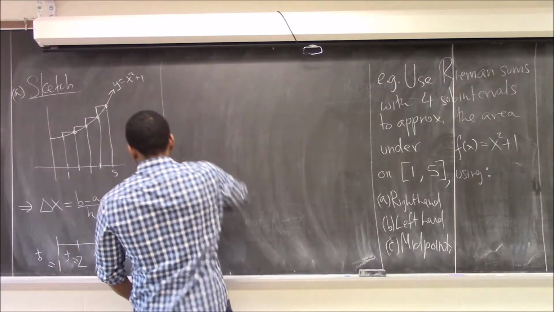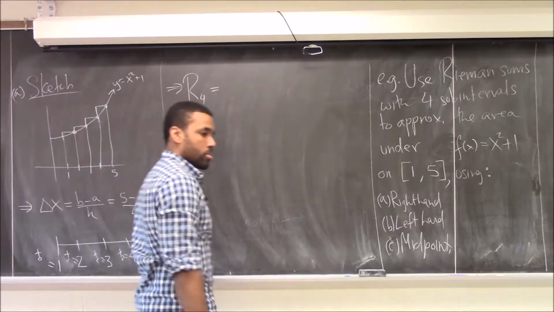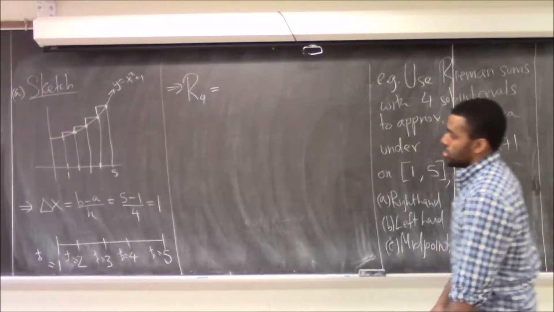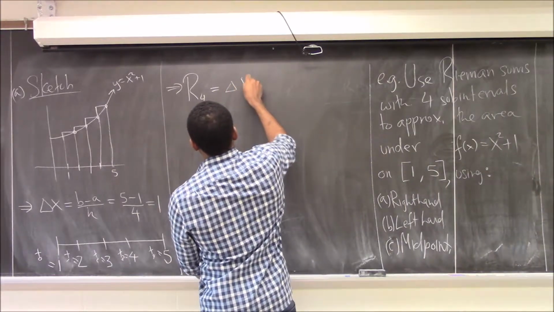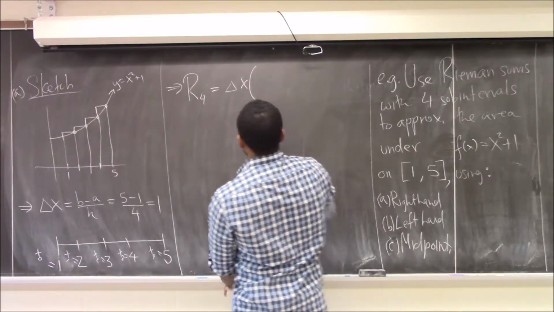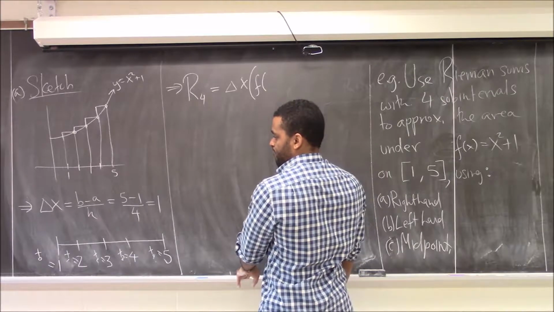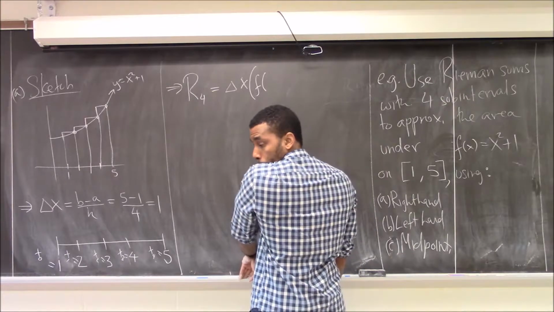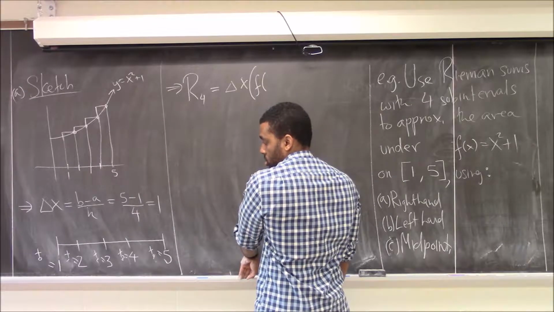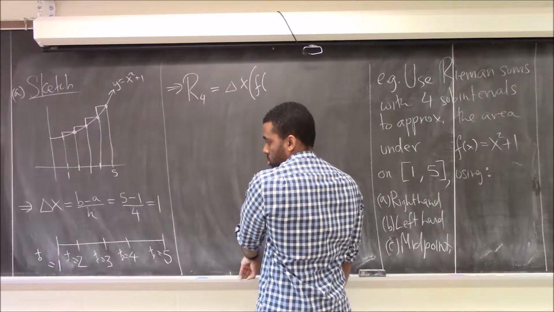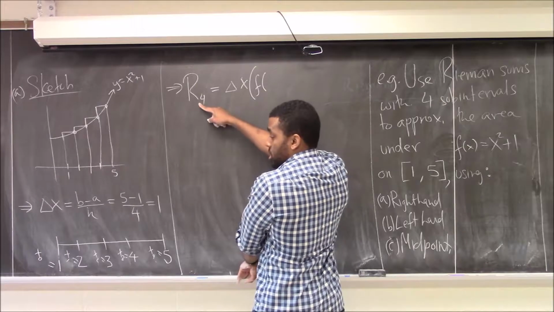And so now, this means R4 would be equal to delta x times f of what? Well, R4 means we're taking the right hand endpoint.